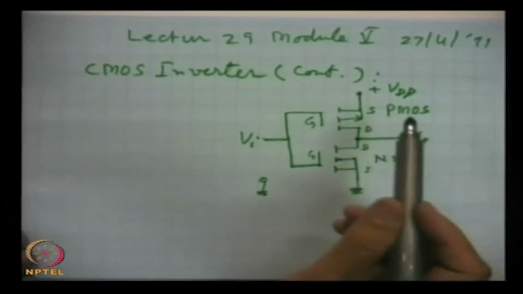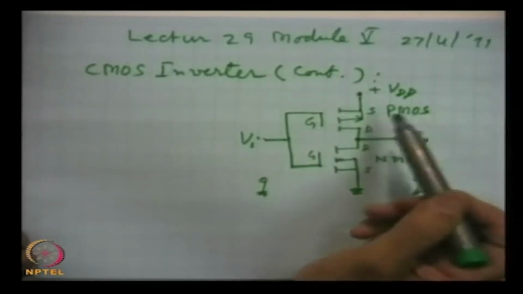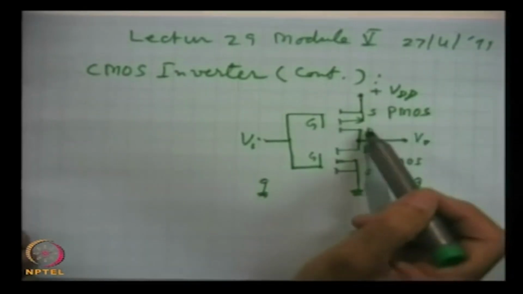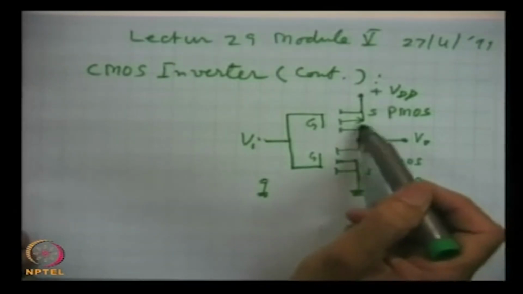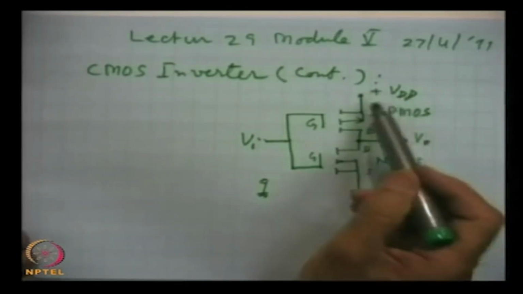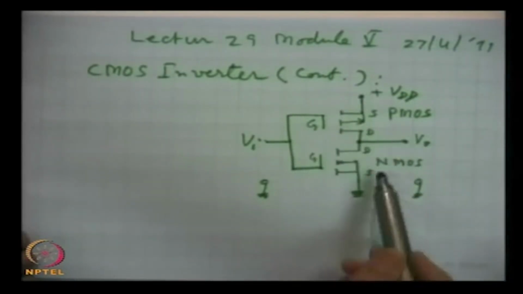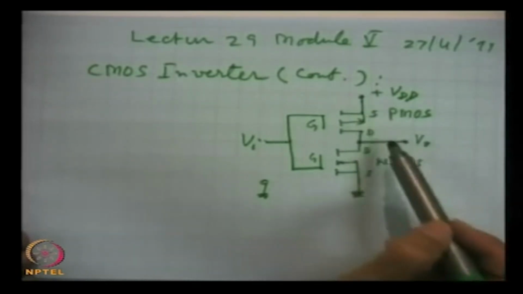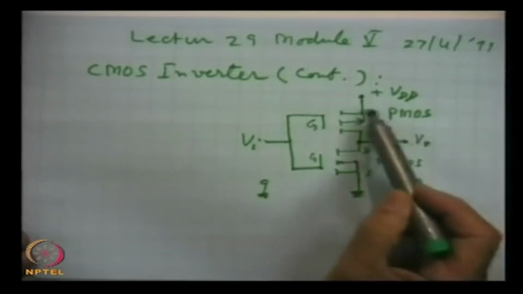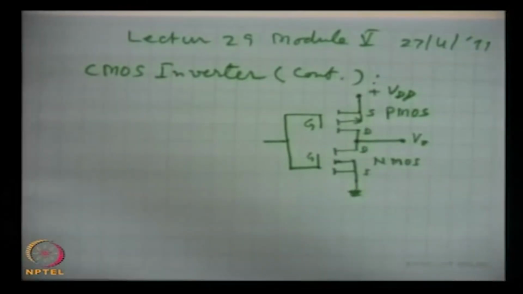We also discussed that PMOS requires a negative supply voltage, which can be provided by giving a positive source voltage. So, this source is connected to the supply plus terminal, and this way we can bias both the MOSFETs by a single supply.